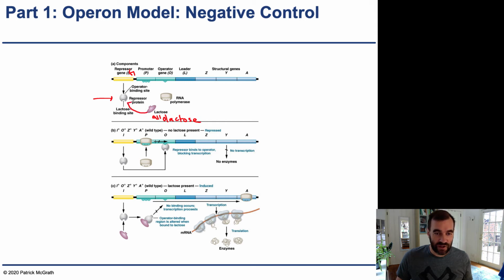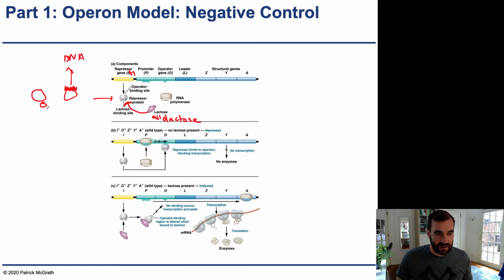If lactose is present, then allolactose can bind to the repressor protein at a specific site. So there are two different states this lacI protein can take. It can either be bound to allolactose, or not bound to allolactose. If it's not bound to allolactose, then there's a shape change that allows this to bind to DNA.